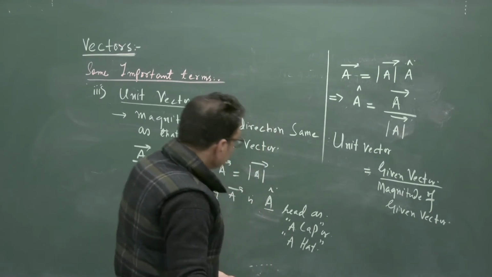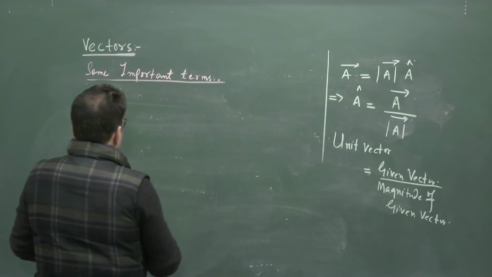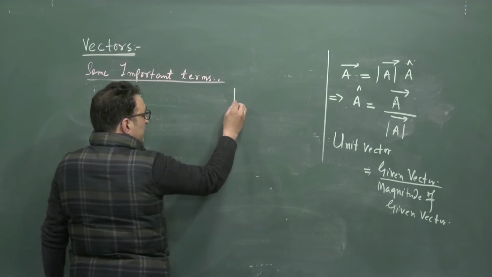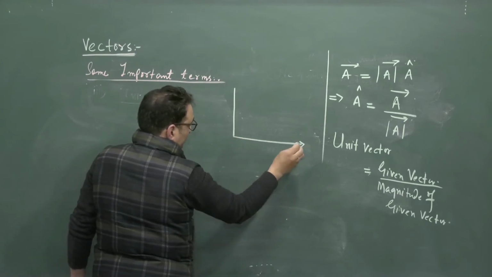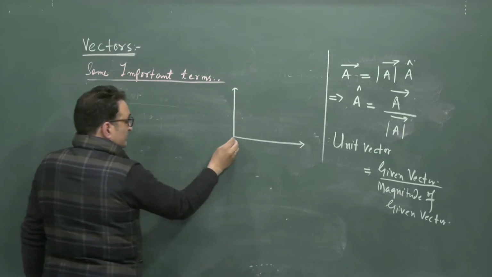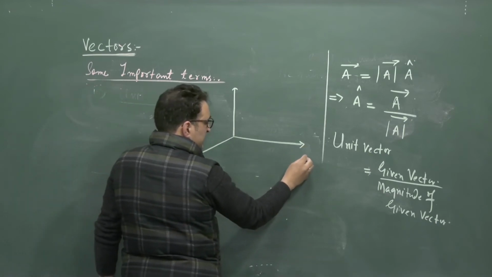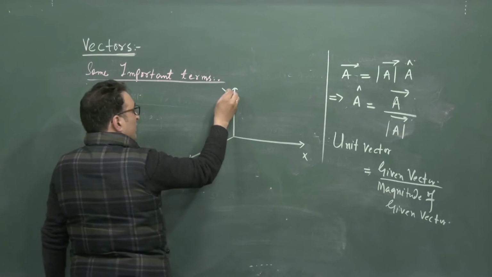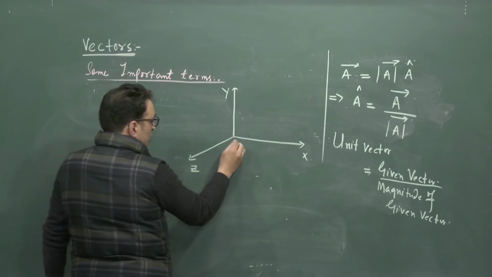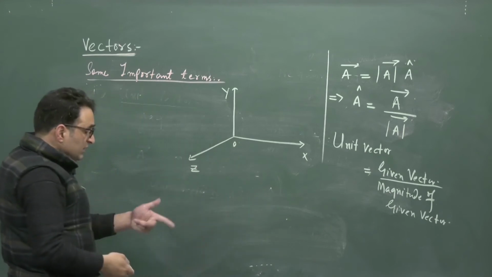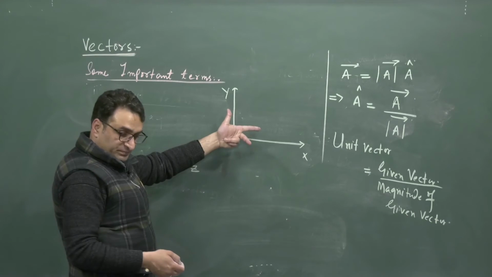Now, if we talk of the rectangular Cartesian coordinate system, we have three different axes. This is x, this is y, and this is z axis. This is the origin. All the three axes are mutually perpendicular to each other.